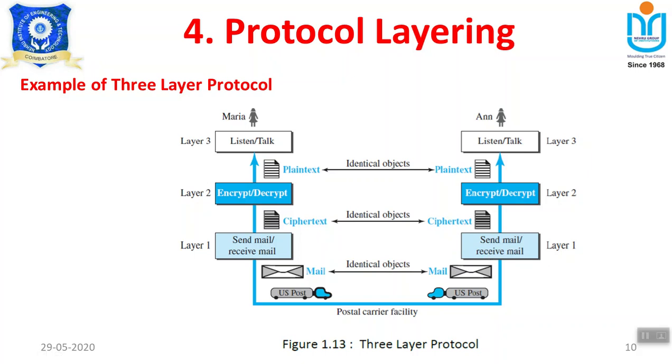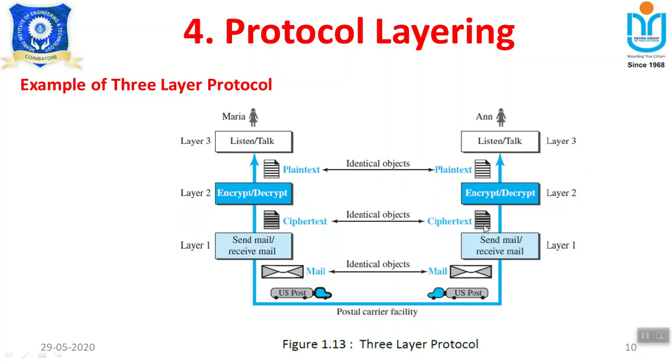So if this ciphertext is handed over to Anne, can she read the content? No, it is not possible. So what do we want to do? We want to convert this ciphertext into plain text. For that, we are going to use a decryption mechanism. For converting plain text to ciphertext, we have to use an encryption mechanism.